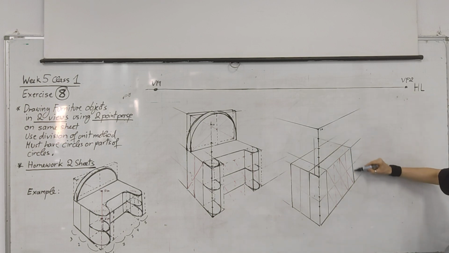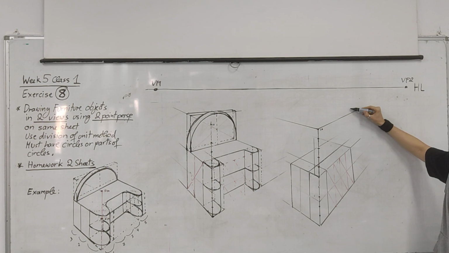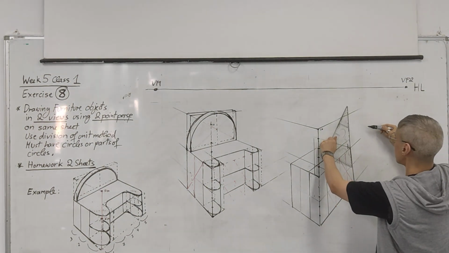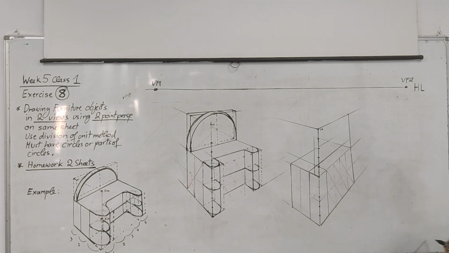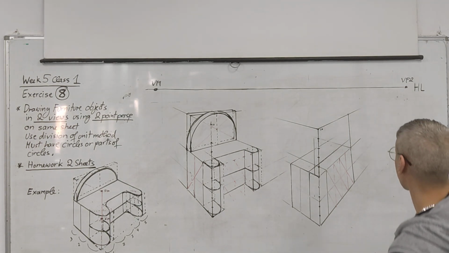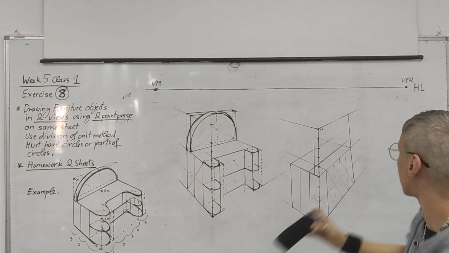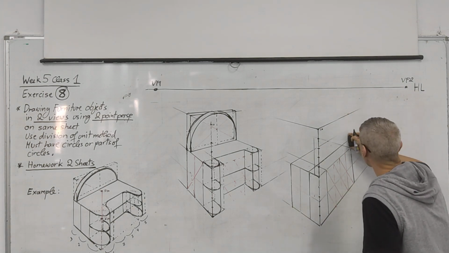The end, we already know. Where is the end? We just put it up. Okay? Very easy. And see where it will intersect. Is it straight? Oh. Let me just fix this. It looks a bit strange.